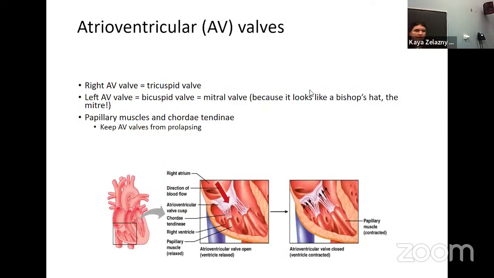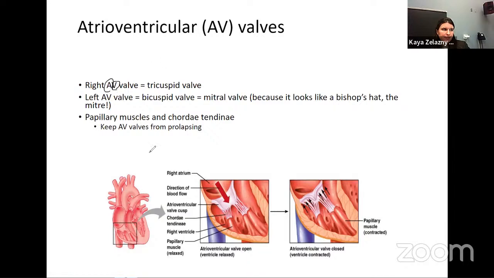We will talk about these valves as we go through the cardiac cycle as well, but we can name them right now. So in the right side of the heart and the left side of the heart, we have atrioventricular valves, A for atrium, V for ventricle. They look different, right?